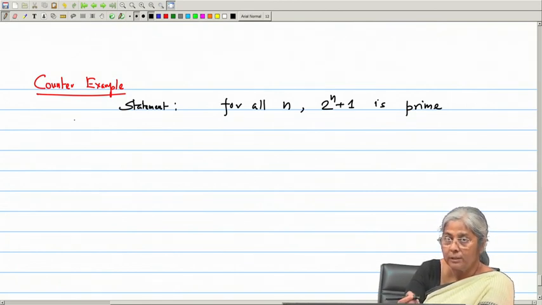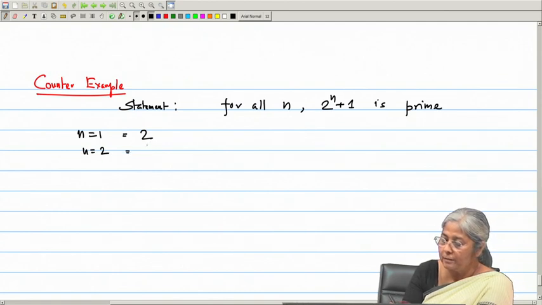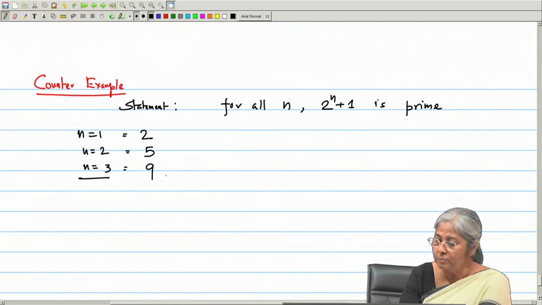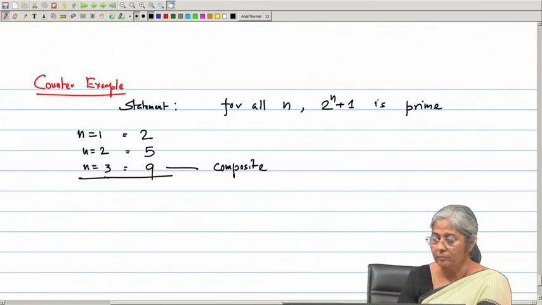Now, if we again do it by cases, for n equal to 1 we see this is 2, prime. For n equal to 2, it is 5, prime. For n equal to 3, it is 9. So, we see that for n equal to 3, 2 to the power n plus 1 is not a prime number, but a composite number, 9.